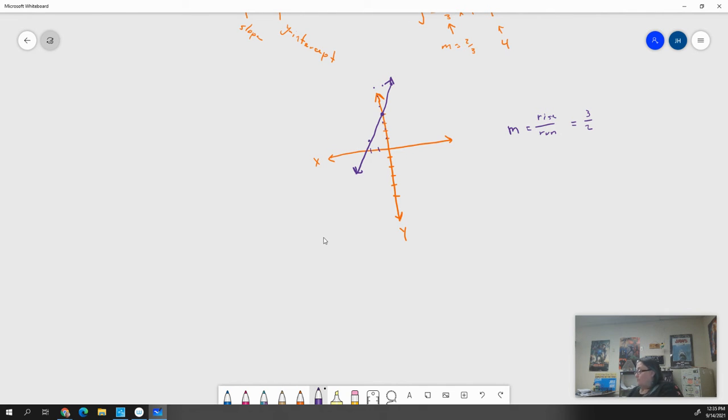Well, if I'm given an equation and I need to find the slope of that equation, say I have 2x plus 3y equals 7, I just made this up off the top of my head, I can find the slope by solving for y. Solving for y will give you slope-intercept form.